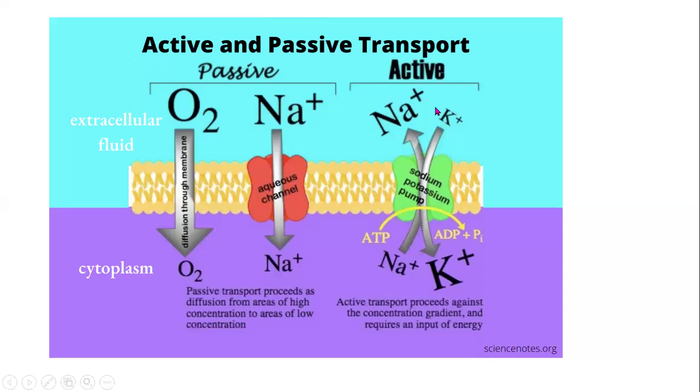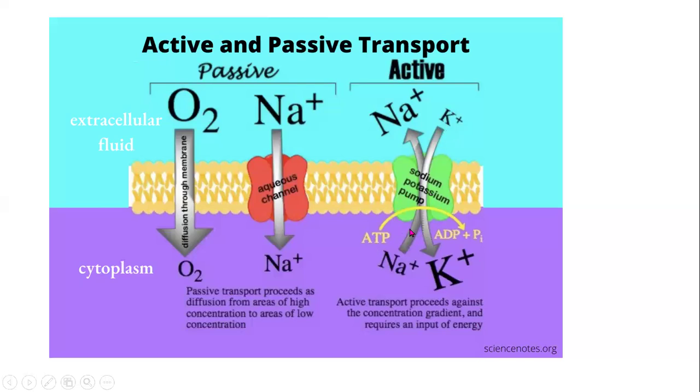For active transport, because it is against the concentration gradient, it proceeds against the concentration gradient and requires an input of energy. An example is the sodium potassium ATPase, the sodium potassium pump, whereby you transport sodium outside the cell and also transport potassium inside the cell.